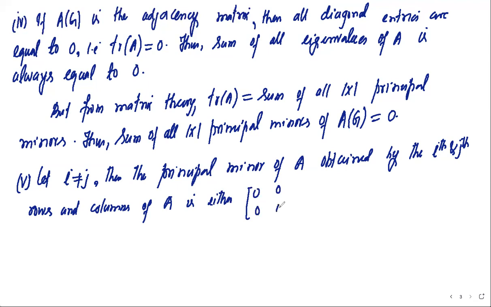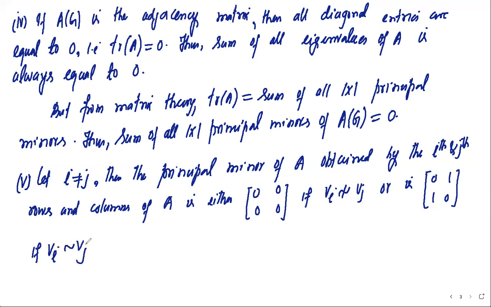It is either 0, 0, 0, 0 if Vi is not adjacent with Vj, or 0, 1, 1, 0. And this is the case if Vi is adjacent with Vj.